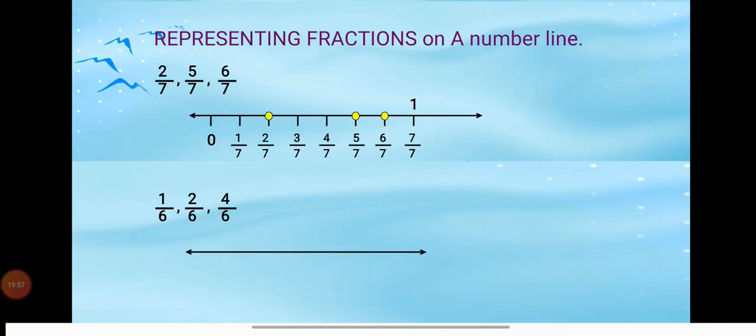That means you have to divide this number line into 6 equal parts. We always start a number line with 0. We will make 6 parts. 1, 2, 3, 4, 5 and 6.